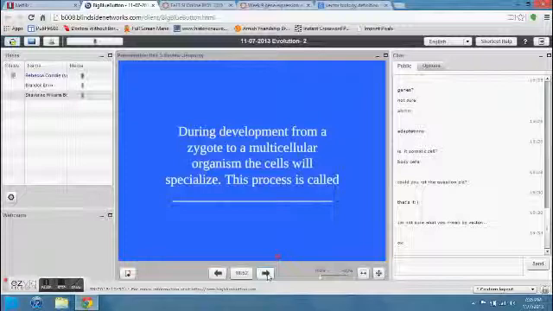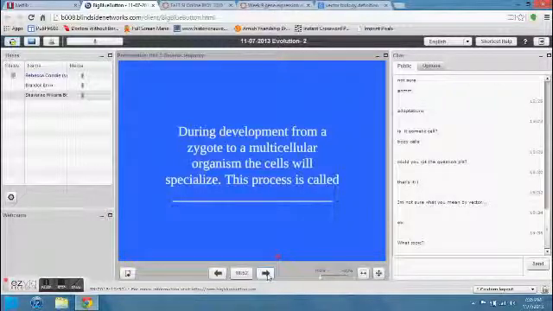During development from a zygote to a multicellular organism, the cells will specialize. This process is called... I have to find that. Do you have a guess before you find it? No. What topic?